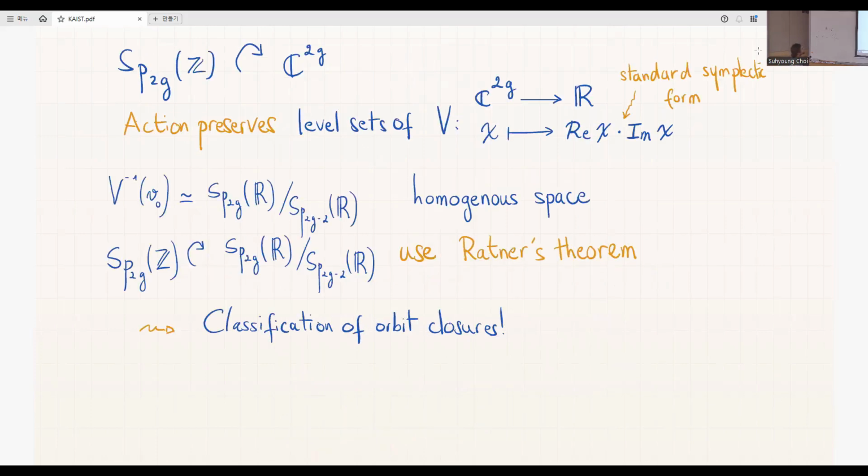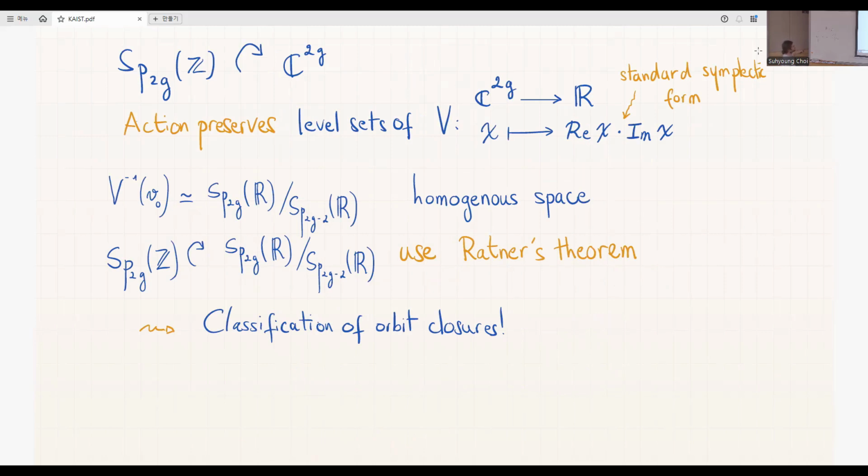Okay, so this action is far from being transitive, of course, because it will preserve the function V that we have seen before. And the function V, in this language of C to the 2G, is just the standard symplectic form evaluated in the real part and the imaginary part of chi.